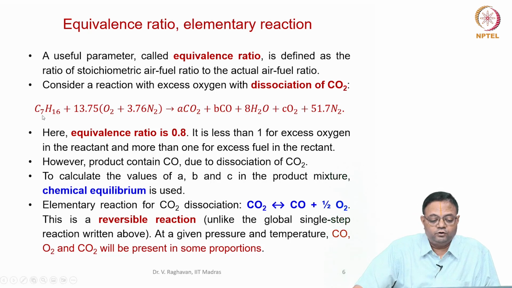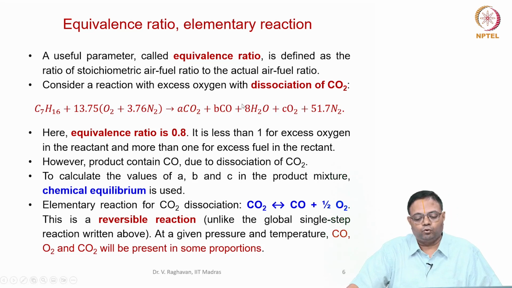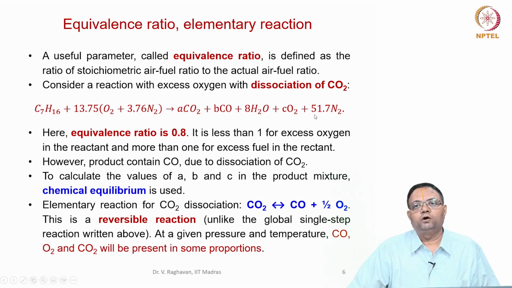As I told you, the global reaction is read as 1 kilomole of heptane plus 13.75 kilomoles of oxygen plus 3.76 nitrogen, giving A kilomoles of CO2 plus B kilomoles of CO plus 8 kilomoles of H2O plus C kilomoles of O2 and 51.7 kilomoles of N2. So that is the way I read this.